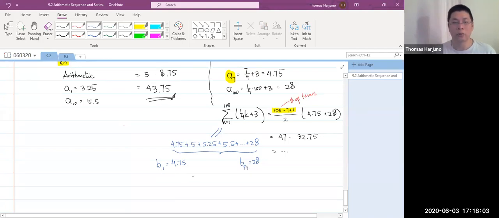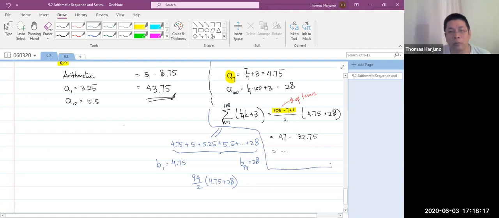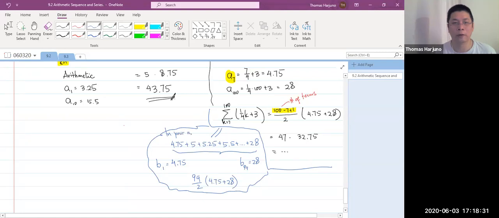So this will be 94 over 2, the first term plus the last term. Now of course, you still show this work, the one in black color, but at the back of your mind you have this pattern. This is in your mind. This is what you write.